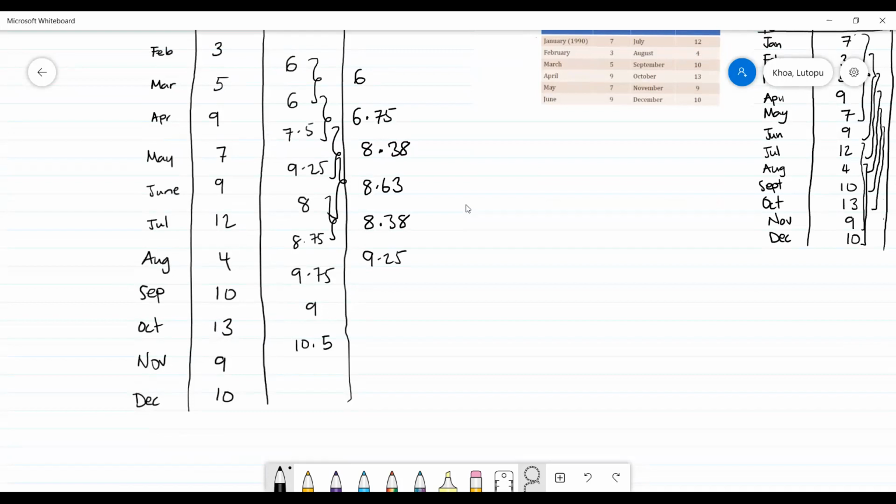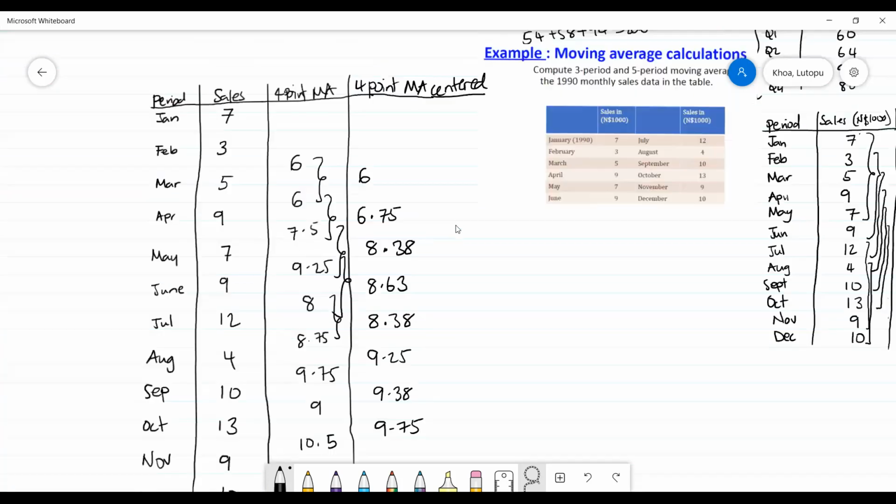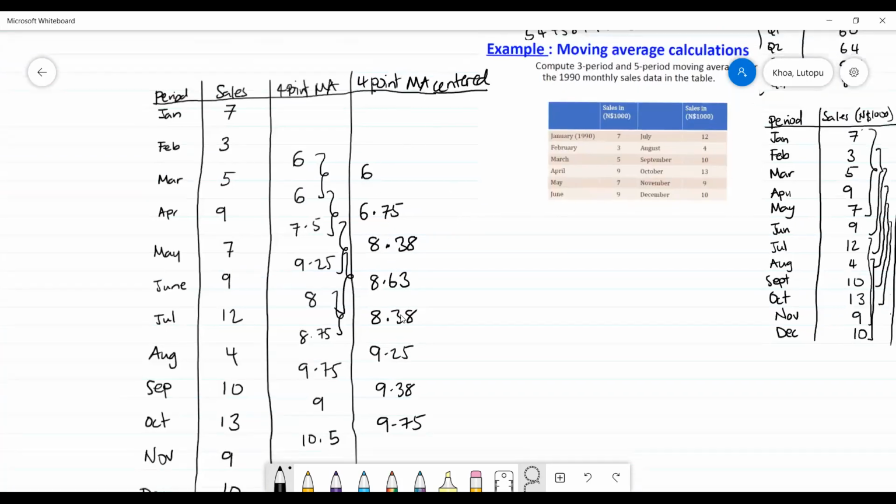Then 9.75 plus 9, divide this by 2, get 9.38. Then 9 plus 10.5, divide this by 2, get 9.75. So this is what we call the 4-point moving average that is centered.